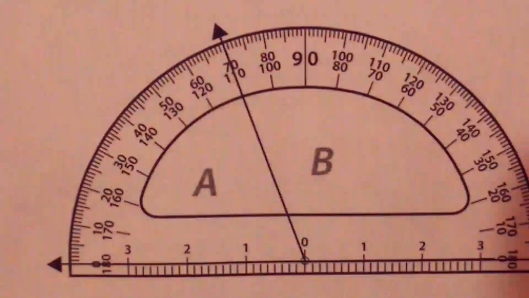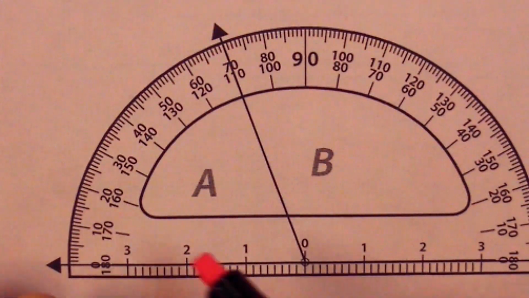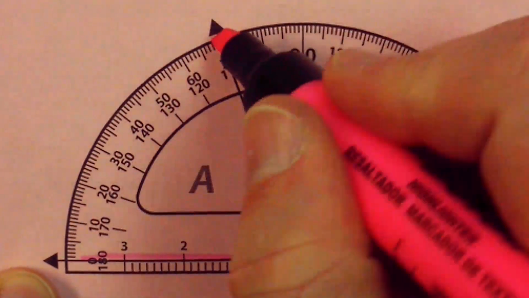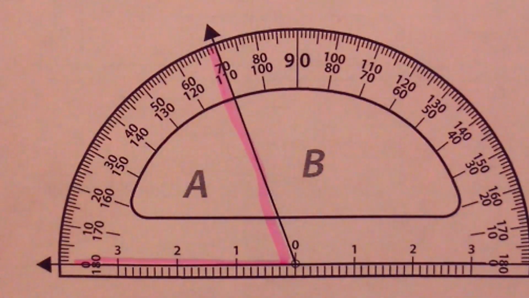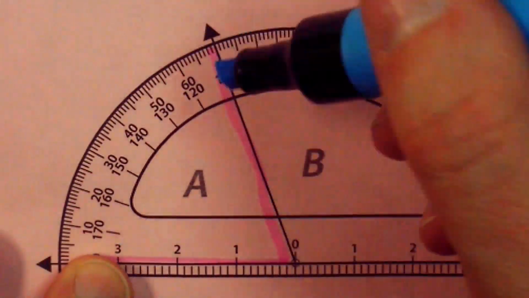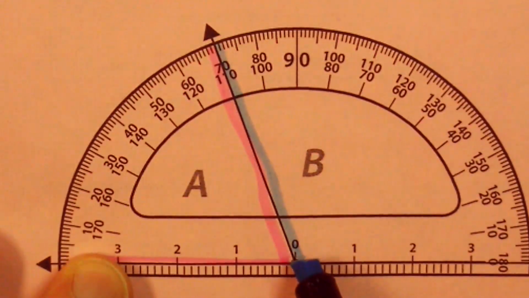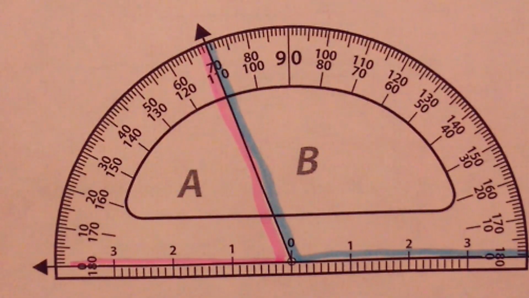If I look at A versus B, and the colors help me, so I'm just going to use it to keep my mind on track. Ooh, I wish I wouldn't have crossed the line there, but that's okay. And then I'm going to do the same thing with my blue. Okay, two angles, blue angle, pink angle, A and B.